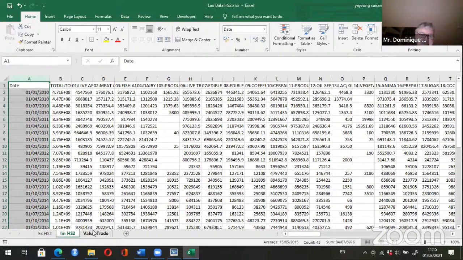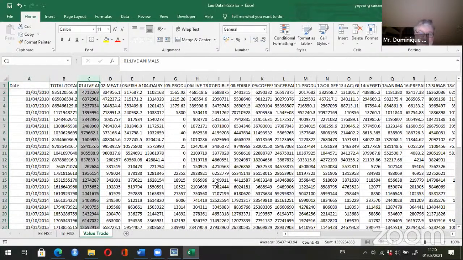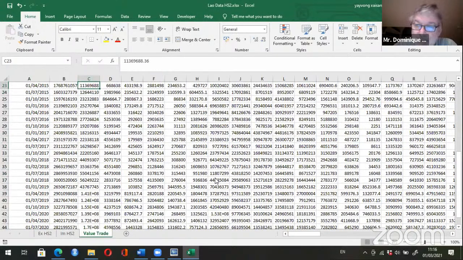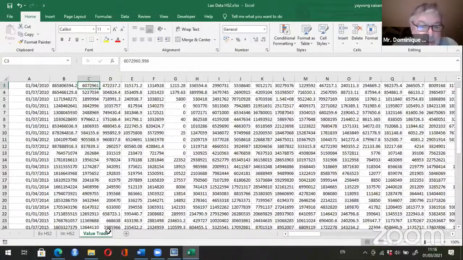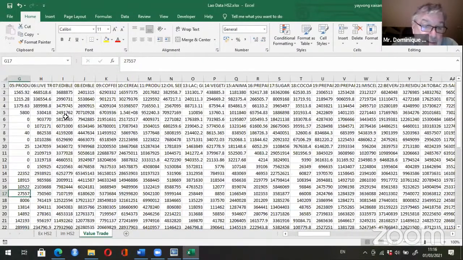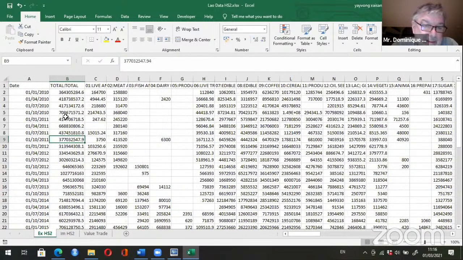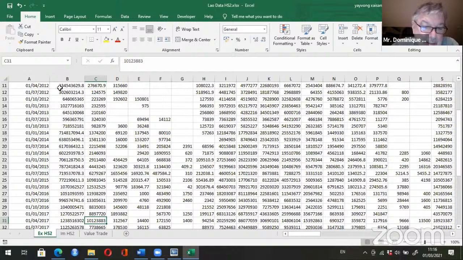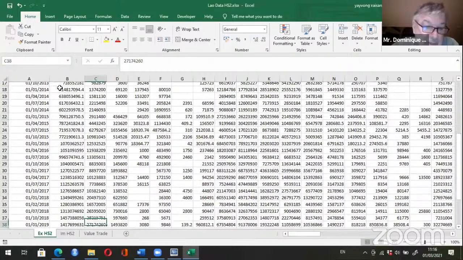Scroll down, slowly, to the bottom of your data. Not the first sheet, the export one. It's not this one you were looking at. Go up. Okay, and get down now. Continue.